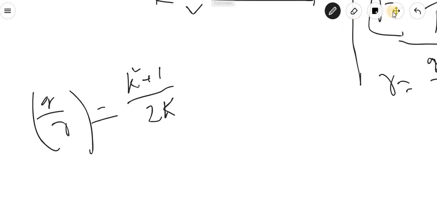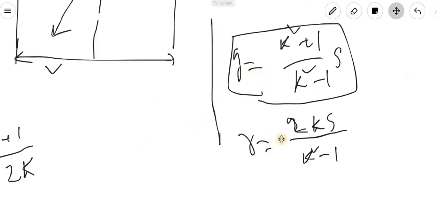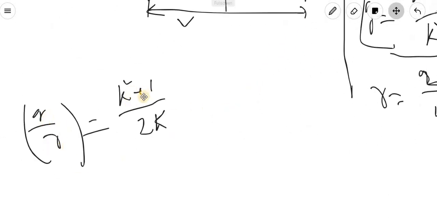We simply divide G and R: S cancels out, K square minus 1 cancels out. So G by R is K square plus 1 divided by 2K.